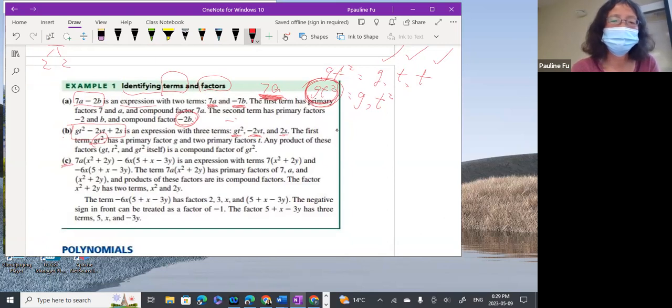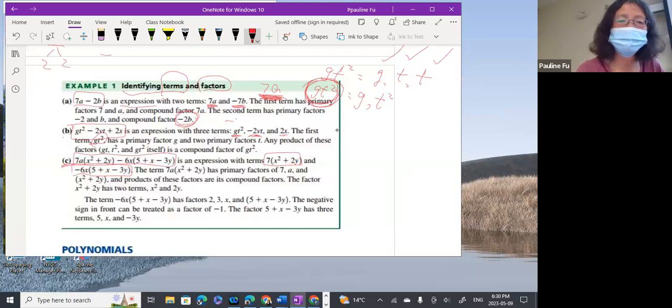So part C, this one is a little bit complicated. This is an algebraic expression with 2 terms. The first term is 7 bracket a plus 2y. The second term is negative 6x times bracket 5 plus x minus 3y. Now look at the first term.